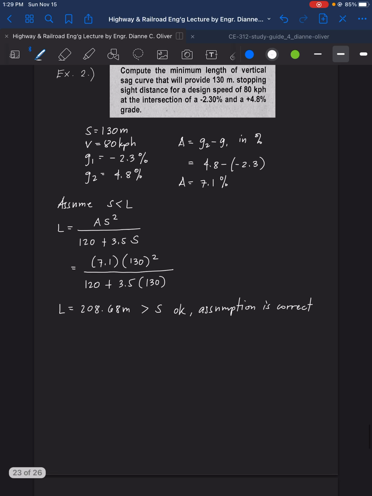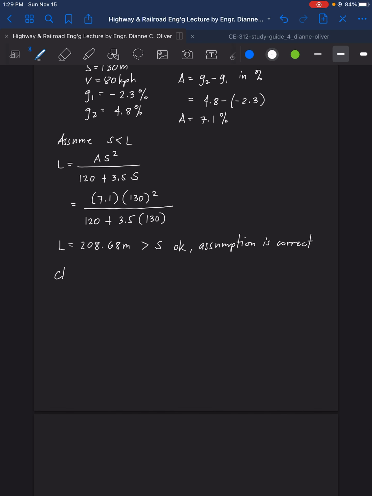Now let's check for the comfort criterion. For the comfort criterion, we have L is equal to A V squared over 395.